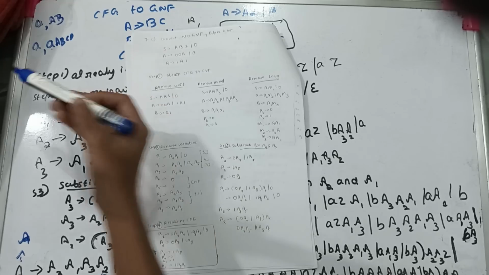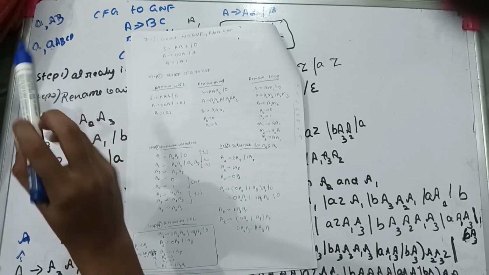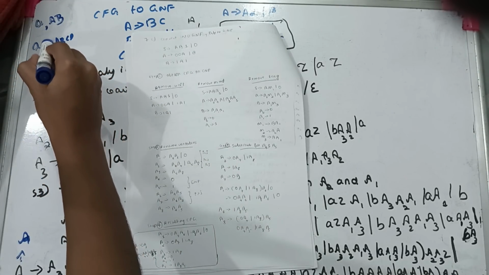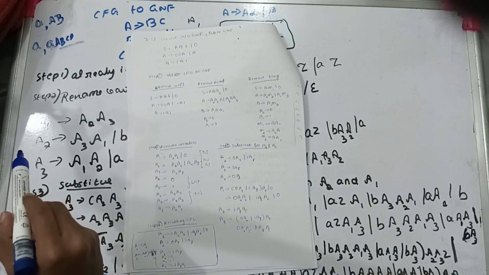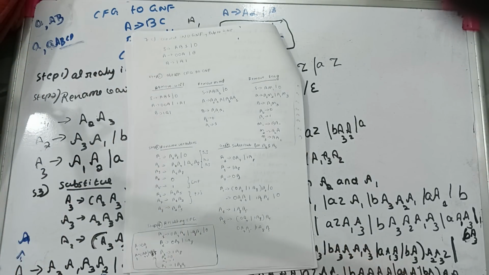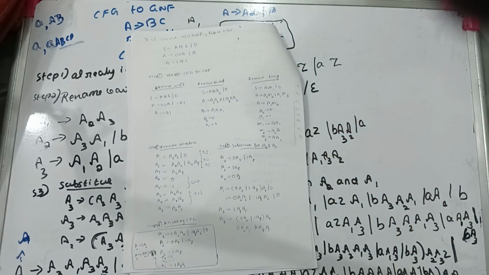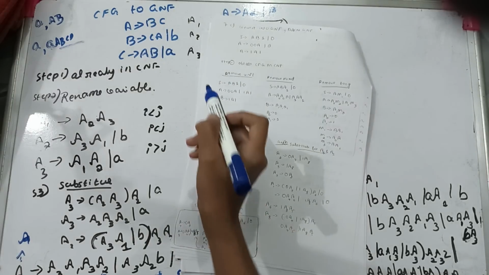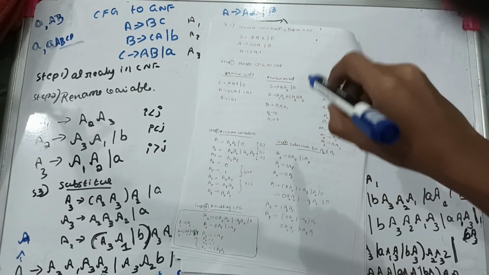In a GNF, the final output should look like either one single small letter, or a small letter followed by multiple capital letters. That is the difference between CNF and GNF. So in the first step we need to obtain the CNF.